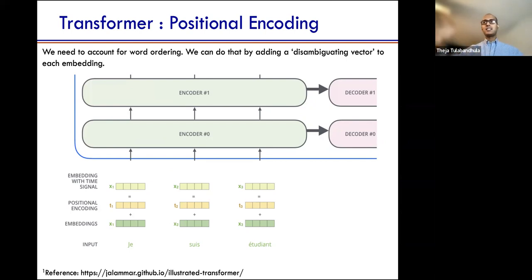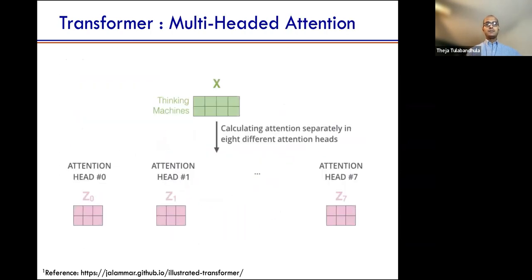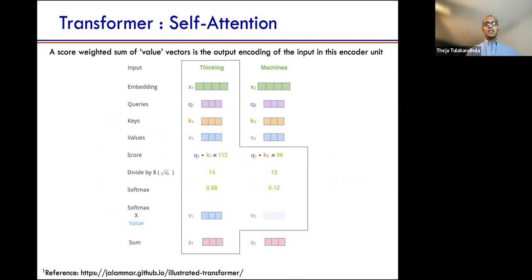So there is some order relationship, and it is being used while doing RNN processing, right? Whereas here, if I'm doing self-attention, there is no order relationship captured. For example, whether thinking precedes machines or machines precede thinking is irrelevant, because I just need to get queries, keys, and values, do some softmax, get some weights, and then take a weighted average of the values.